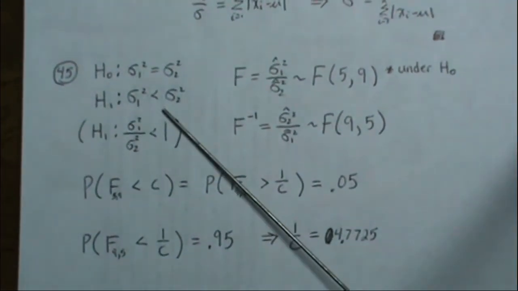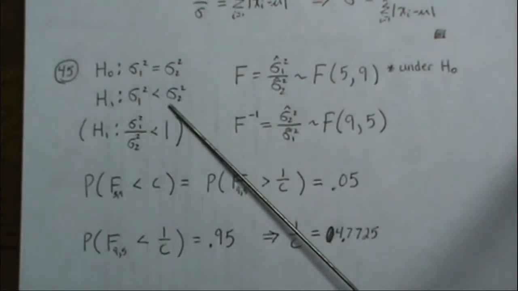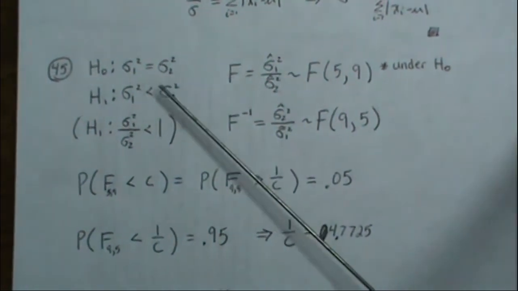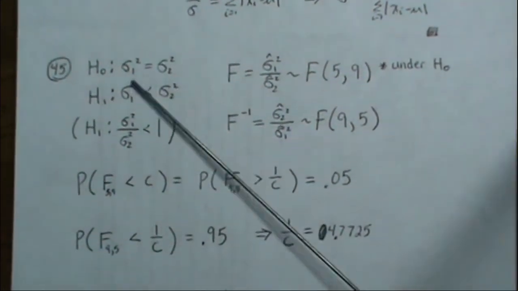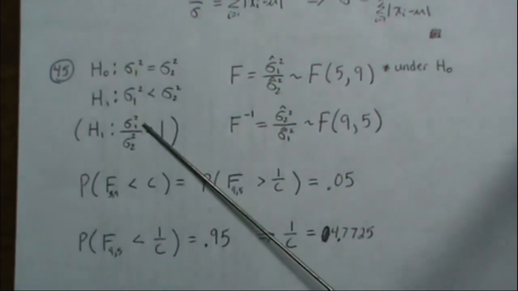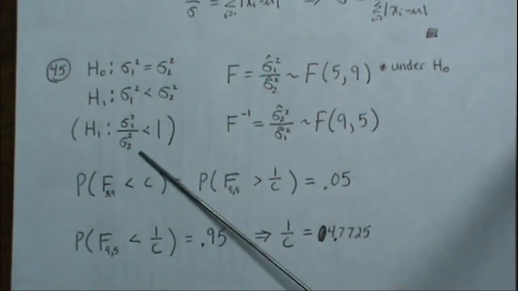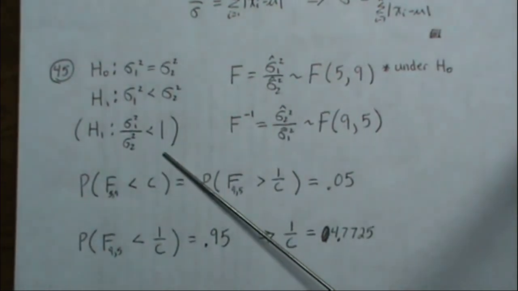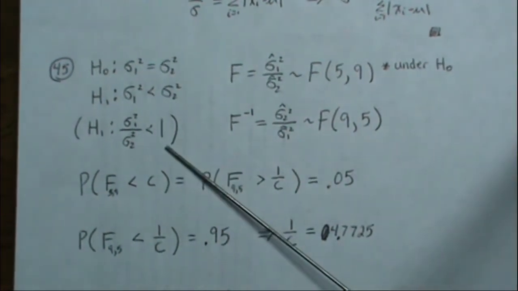This is a left-tailed test in the F distribution. If we divide both sides by sigma squared, this alternative is this ratio. So it's a left-tailed test. But most F distributions, or the table that I have, only do the right tail.